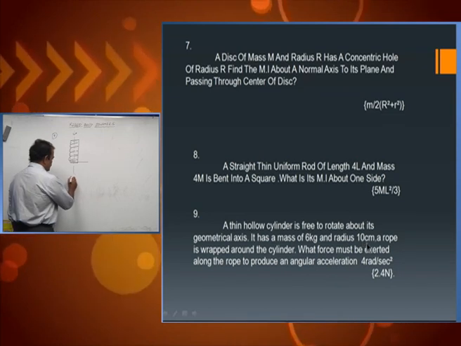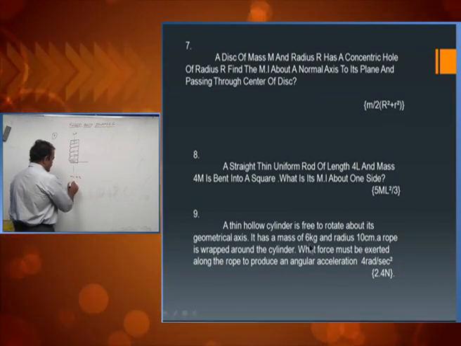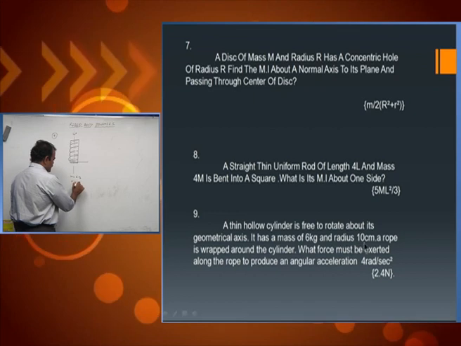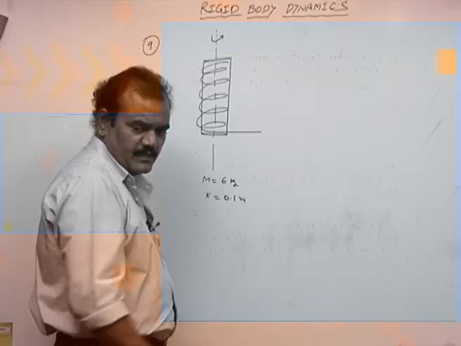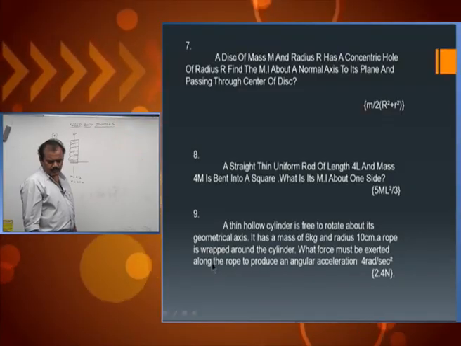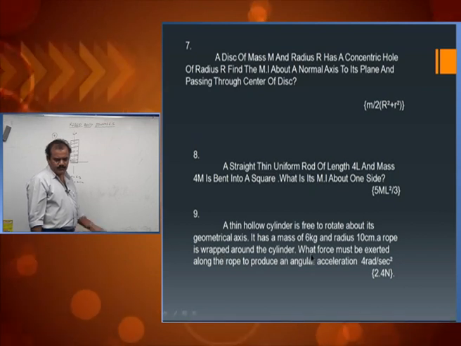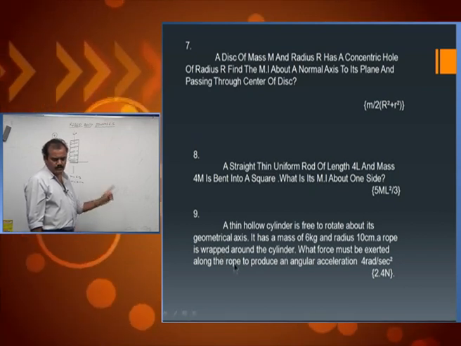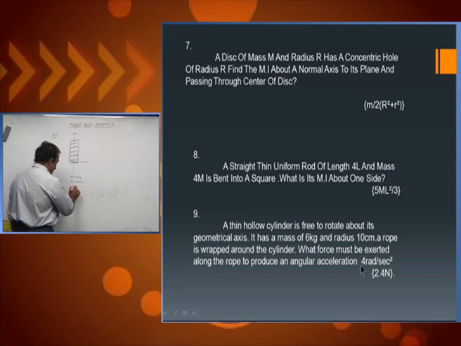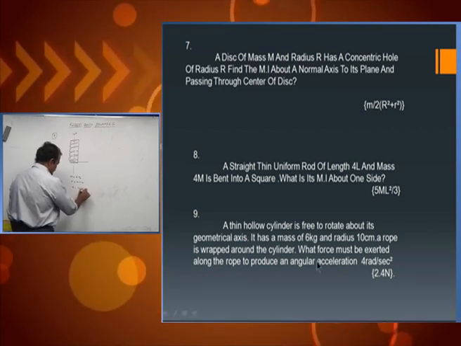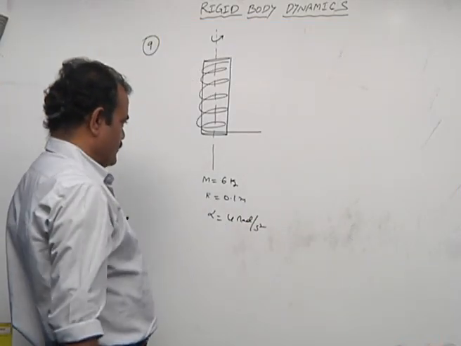So mass can be taken as 6 kg and radius is 10 centimeters, so that is 0.1 meter. Thereafter a rope is wrapped around the cylinder. What force must be exerted along the rope to produce an angular acceleration of 4 radians per second square?